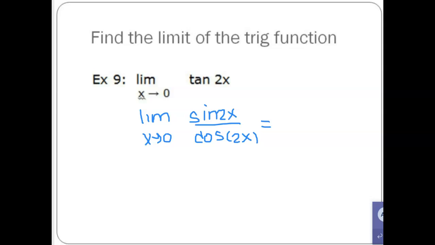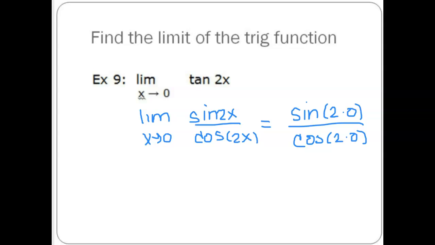So that's like the sine of 2 times 0 over the cosine of 2 times 0, which is like the sine of 0 over the cosine of 0, which is 0 over 1, which is 0.